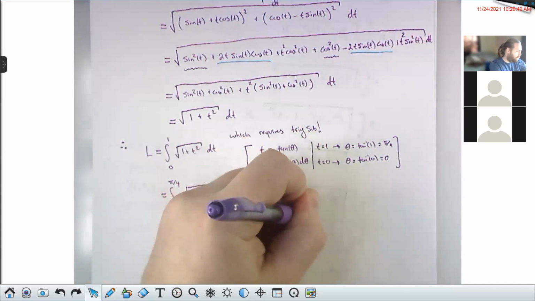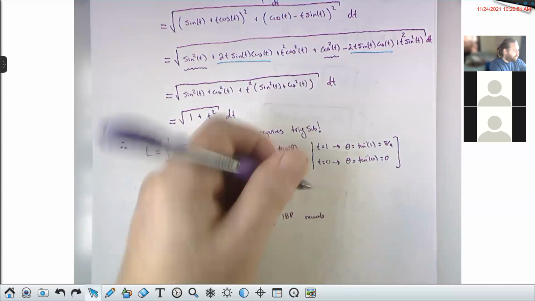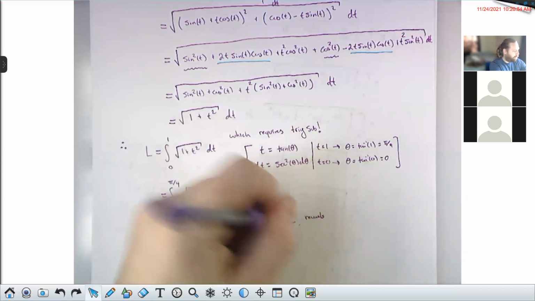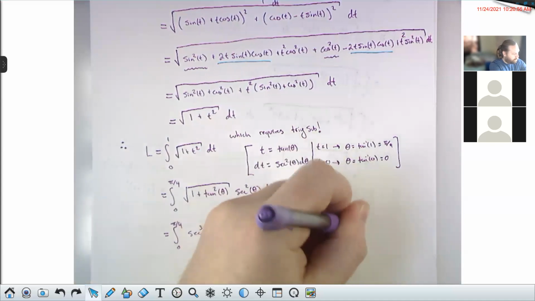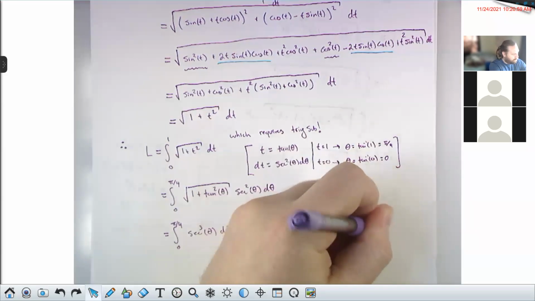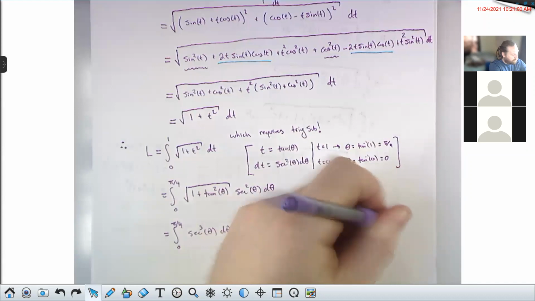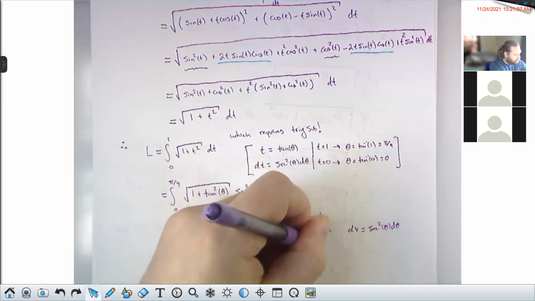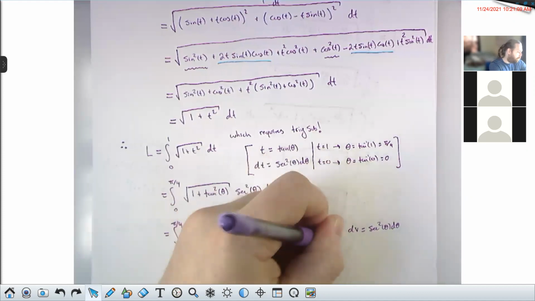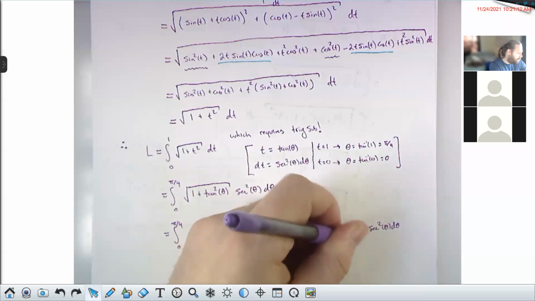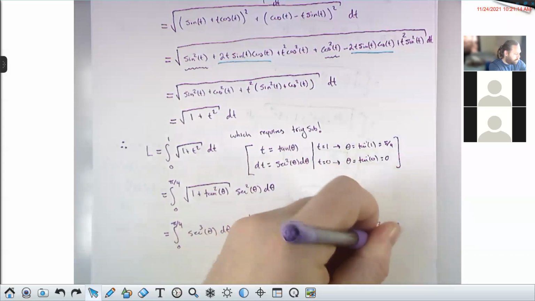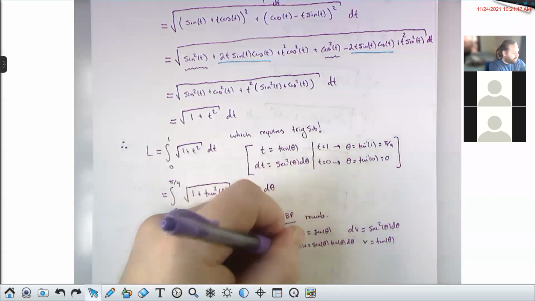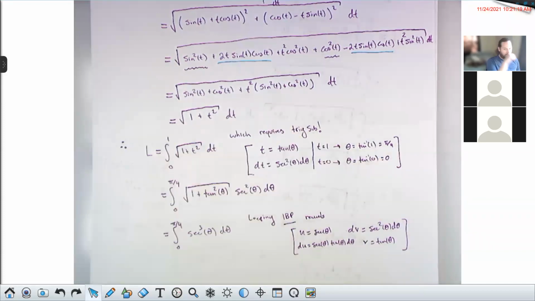Looping IBP reveals, if you forget, by the way, the IBP setup here, you choose u and dv. dv would be secant squared theta d theta. U would be secant theta. So du is secant theta tangent theta d theta, and v would be tangent theta. You would write this down and then apply a trig identity to the resulting integral, and then your integral will loop.